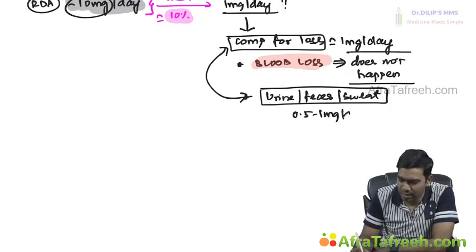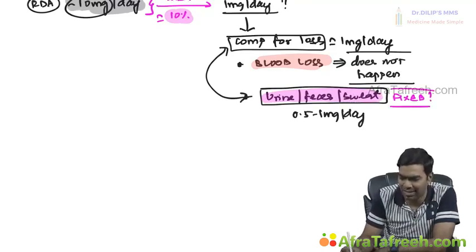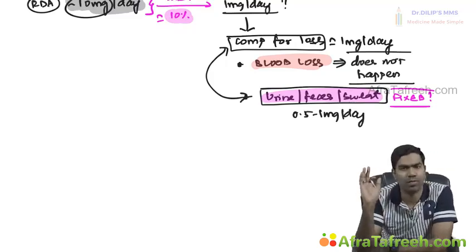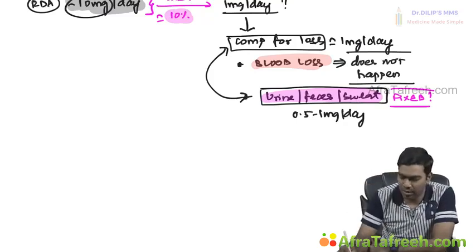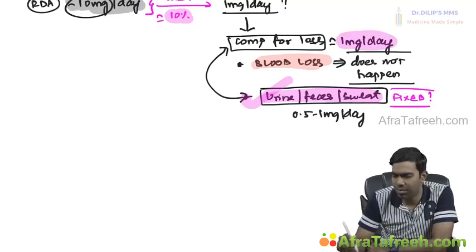This is what is going to be completely fixed, and this loss is something standard for every single age group. All age groups are going to lose 0.5 to 1 milligram per day in the urine, feces or the sweat.